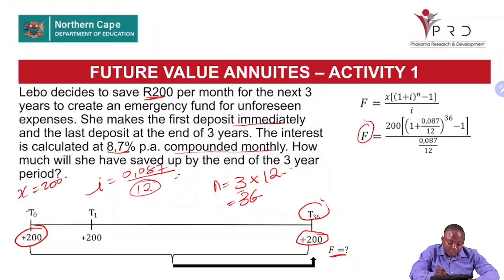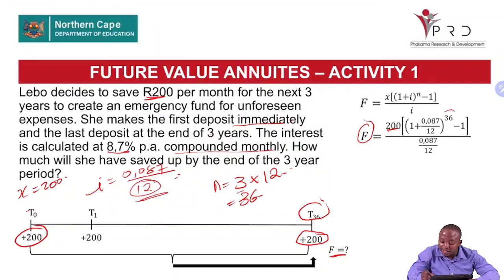F equals, in the space of X, her monthly deposit of 200. We put 200, open bracket, open another bracket, 1 plus I, as we have calculated it there, which is 0.087 divided by 12, all raised to 36.